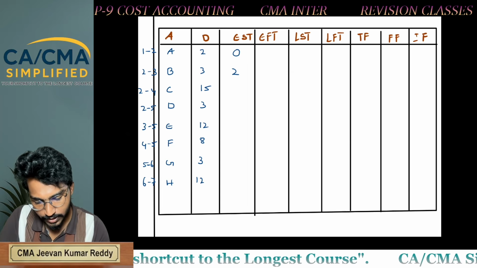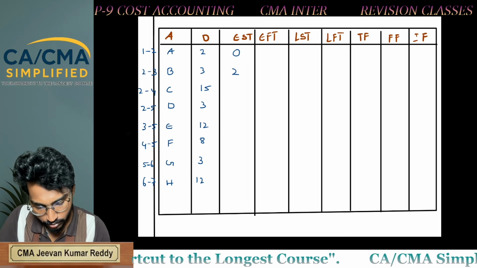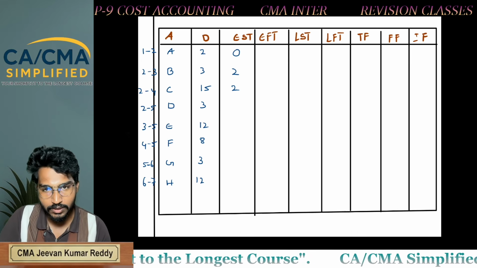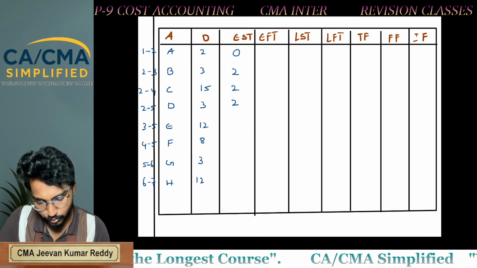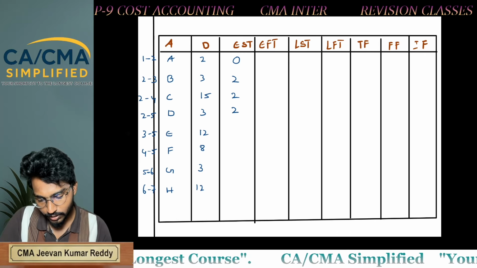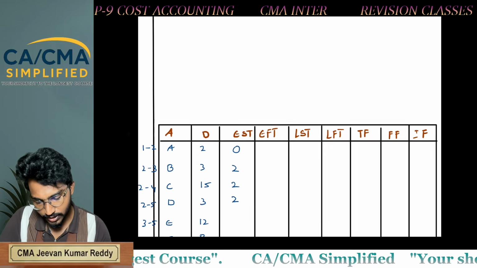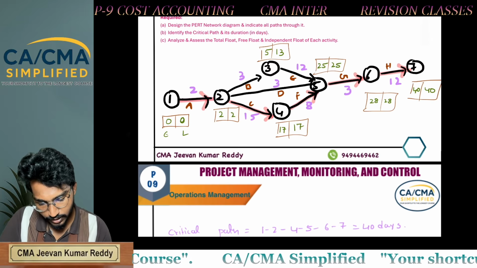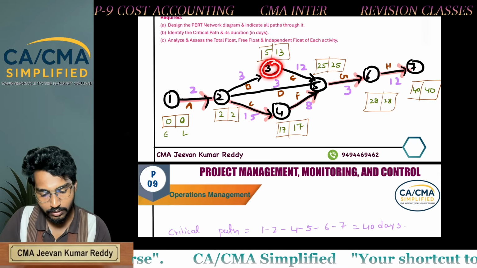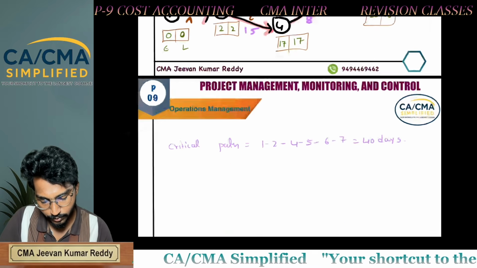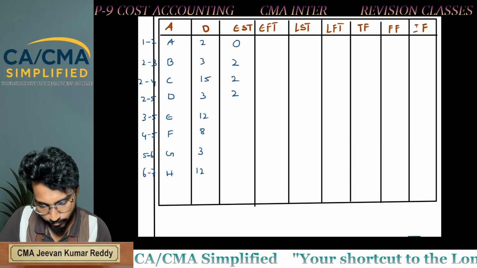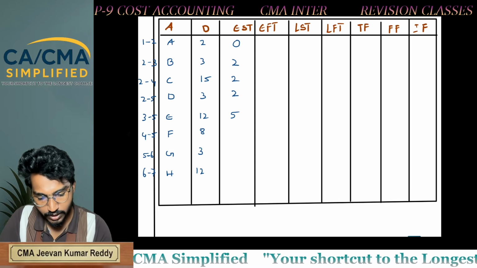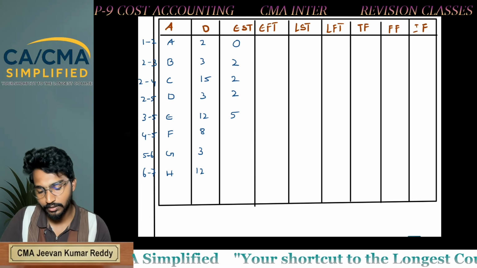Next, C. What is the tail event? 2. So for 2, the E is 2. Next, E. What is the tail event? For E, 3. At 3, E is 5. So EST means E of tail event.